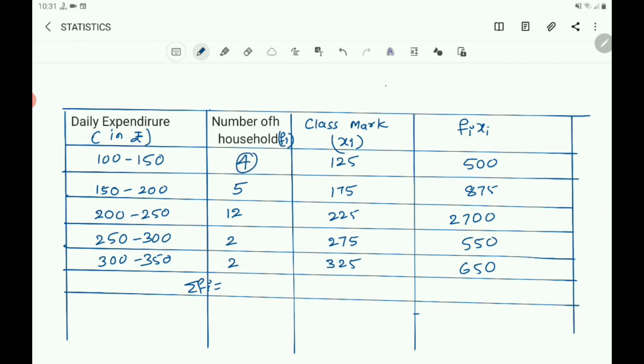Verify. 4 plus 5, 9. 9 plus 2, 11. 11 plus 2, 13. 13 plus 2, 15. So the sum of the frequency is 25, as 25 households were under the survey. Next, you find summation of Fi Xi.